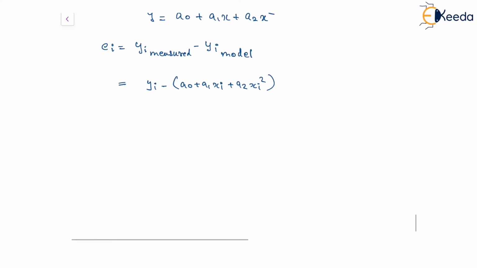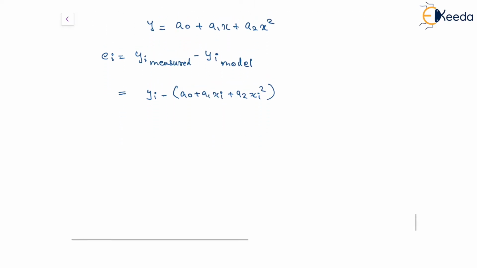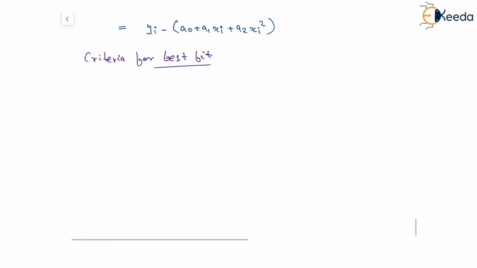Now, for this equation y equal to a0 plus a1x plus a2x square to be the best fit, we need the error to be minimized. So the criteria for best fit can be given as the minimum of SR, which is the summation of the errors.